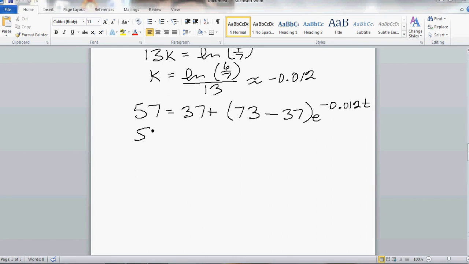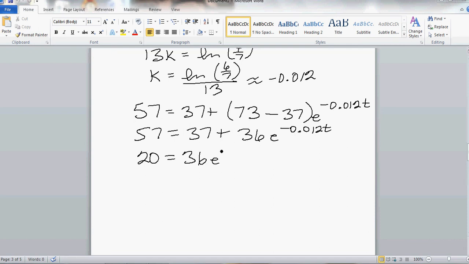Okay, so rewriting this, 57 equals 37 plus 36 e to the negative 0.012 t. Subtract 37 from both sides, 20 equals 36 e to the negative 0.012 t. Divide both sides by 36, so e to the negative 0.012 t equals 5/9.